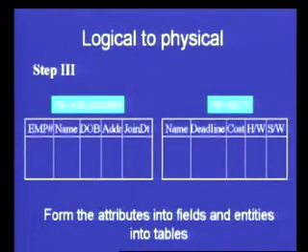And here employee number is the primary key. Whenever you are indicating a primary key, you can indicate it with a double ellipse or double loop in your entity relationship model. So here you are forming the attributes into fields and entities into the tables. So your object is mapped onto the table, your attributes are mapped onto the fields.